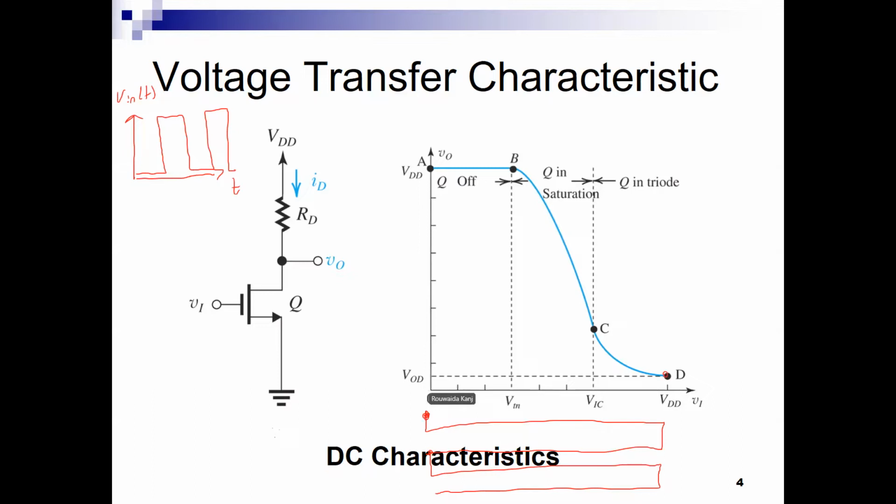When the input is zero the output is VDD, right? And when the input goes up to VDD the output is going to drop down to zero, or VOL. So the output will also fluctuate between VDD and zero or VOL. So here the gain is actually -1 because we are doing inversion. We are really operating with the input only varying over this range, meaning the input is either zero or VDD.